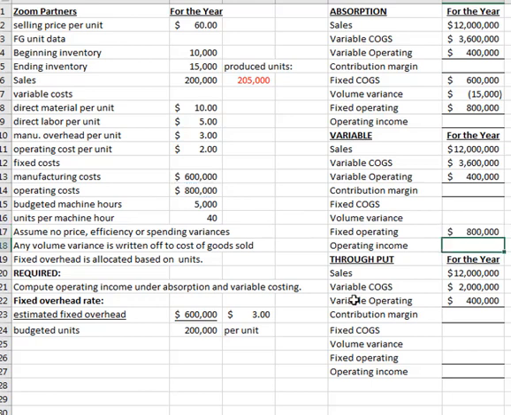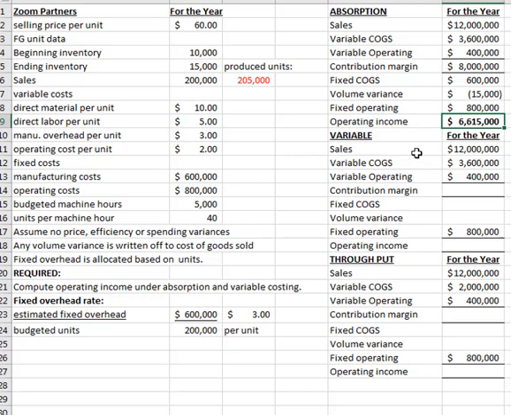So we can slot those in right now. There's no difference in the fixed, selling, general, and administrative under these three methods. Okay, so now we can do the finish, the absorption. So sales minus the variable cost gives us contribution margin, and then contribution margin minus these costs plus the volume variance gives us the operating income for the year.